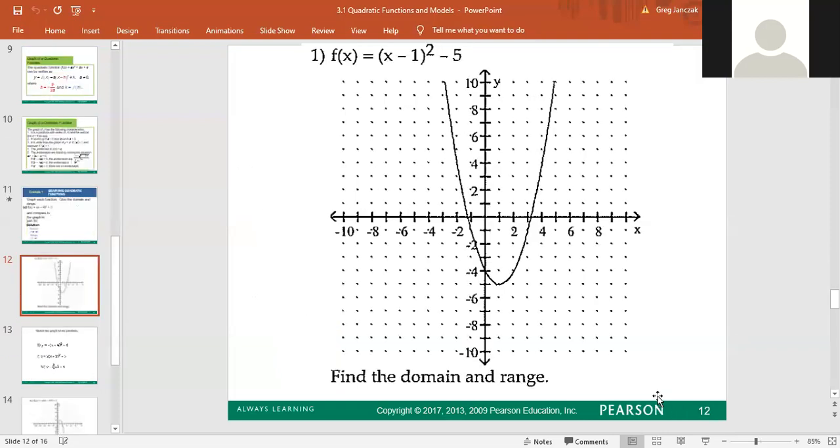Alright, here we have (x minus 1) squared minus 5. Let's see why it looks like that.